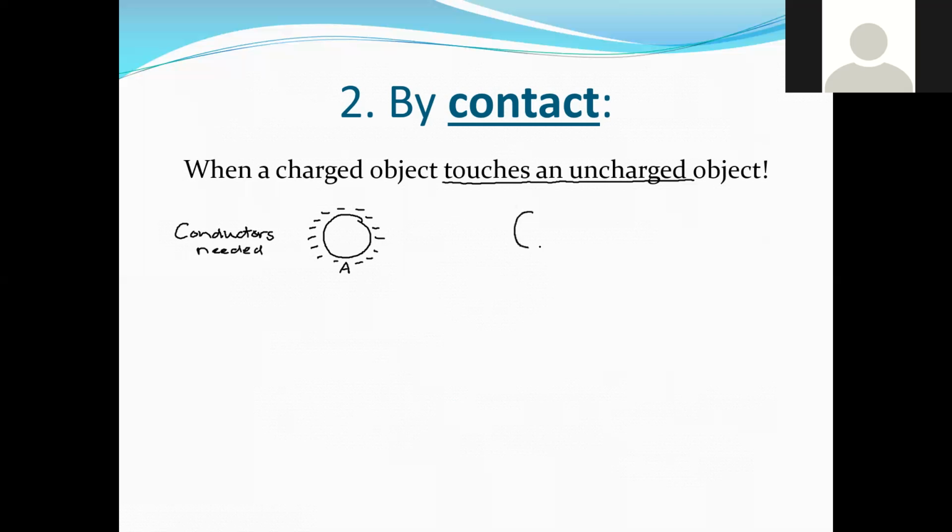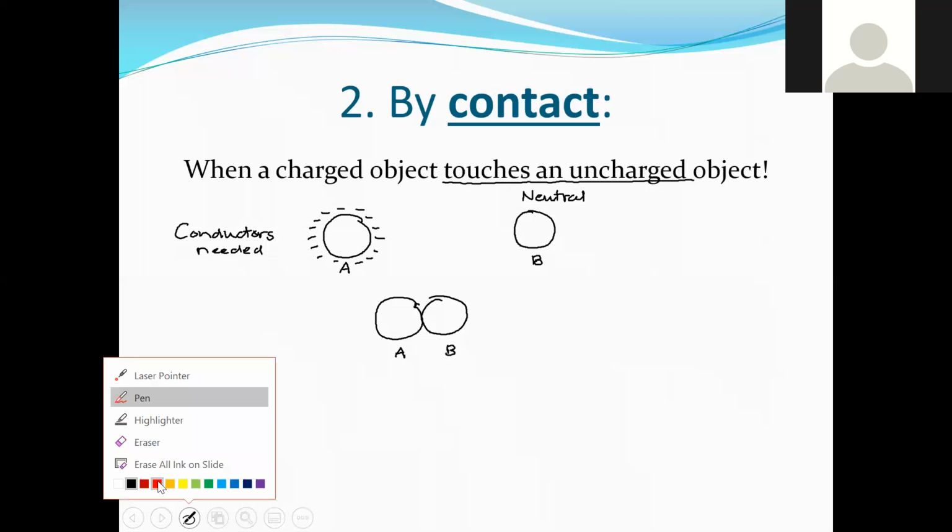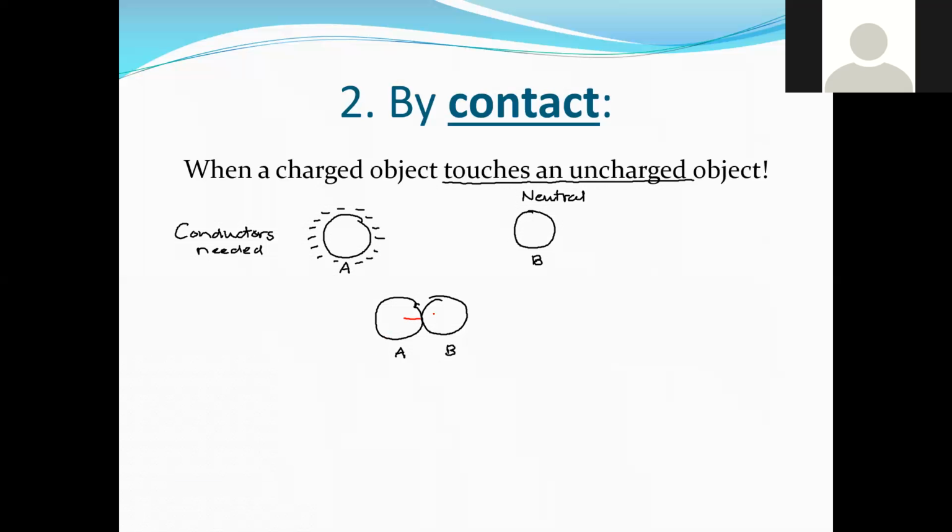If you have an object B that is not charged, it's neutral, and they make contact, the one with most electrons will lose some of its electrons. In our previous lessons, we discussed the transfer of charge. So some of the electrons will move.